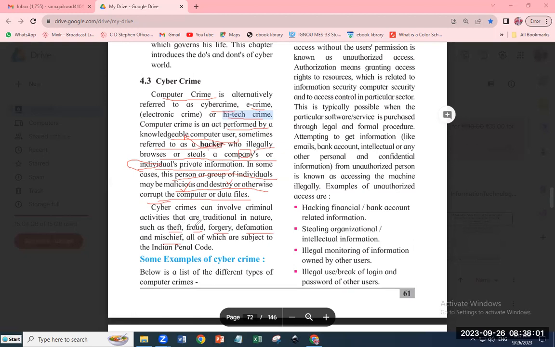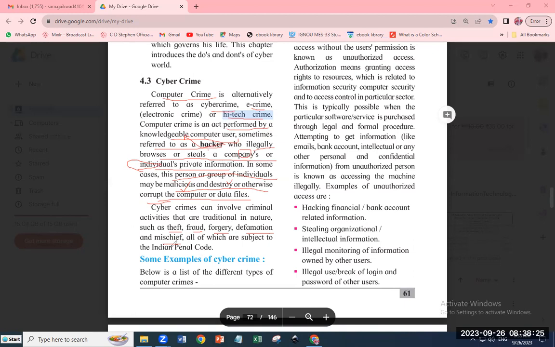I have certain messages which are coming up: you got a lottery, you have won so much. Those kinds of fraud messages are there. Forgery is where you get calls which ask you for OTPs. That is also illegal. You are not supposed to give them the OTPs or any information they ask.